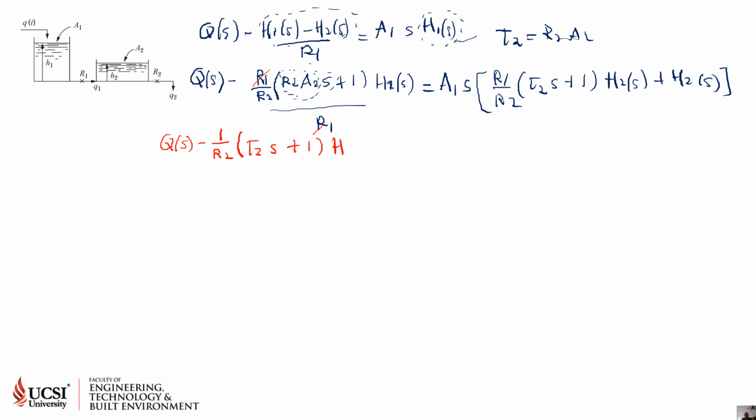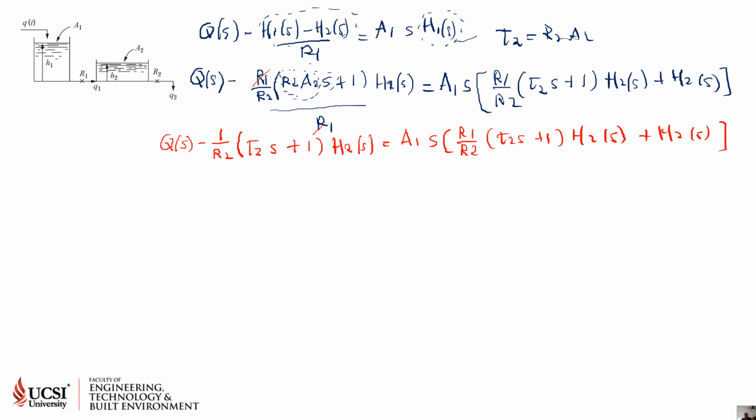So I just write again H2s here, and this one is still the same, A1 s, R1 R2, tau 2s plus 1, H2s plus H2s.